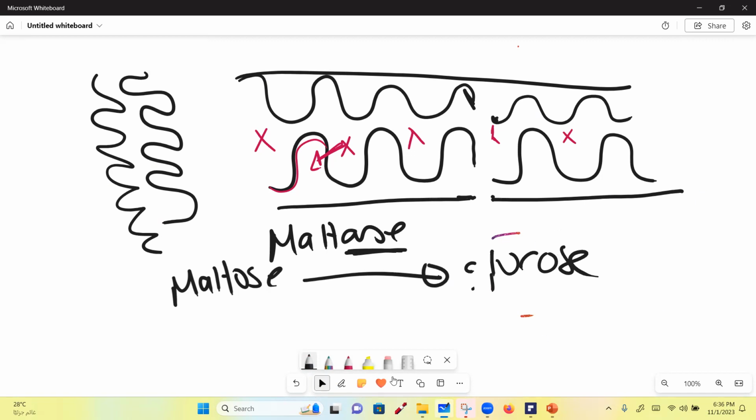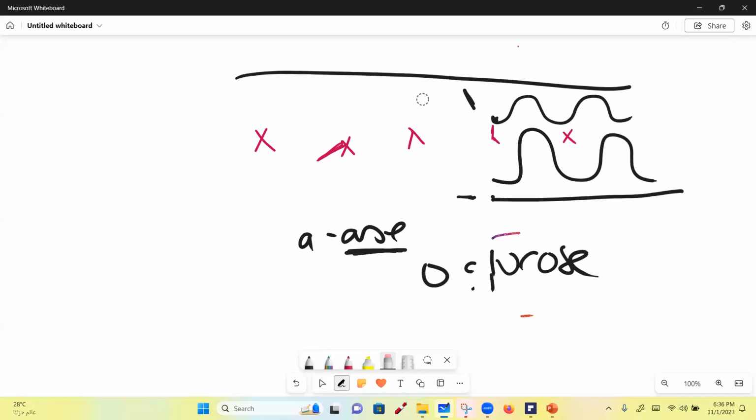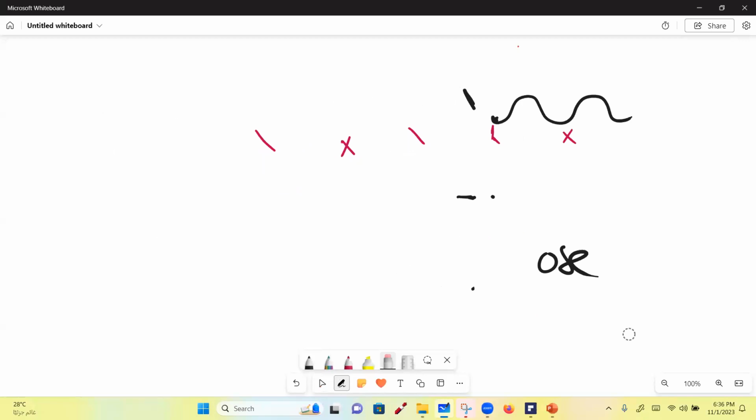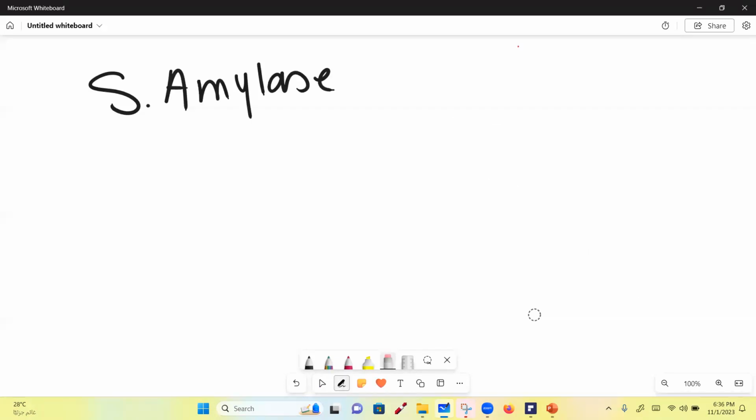Now, the enzymes that break down carbohydrates. We have 2 enzymes. We studied amylase and maltase. That's it. Amylase is released in 2 parts of the body. We have salivary amylase, released from where? Mouth, the salivary gland. And we have pancreatic amylase.